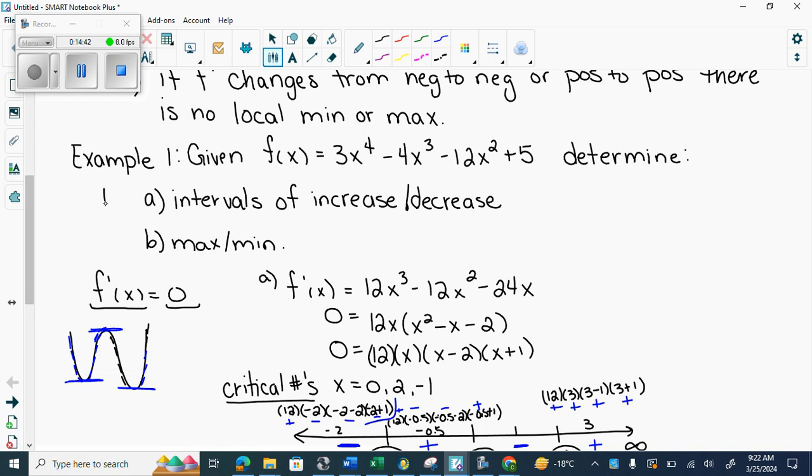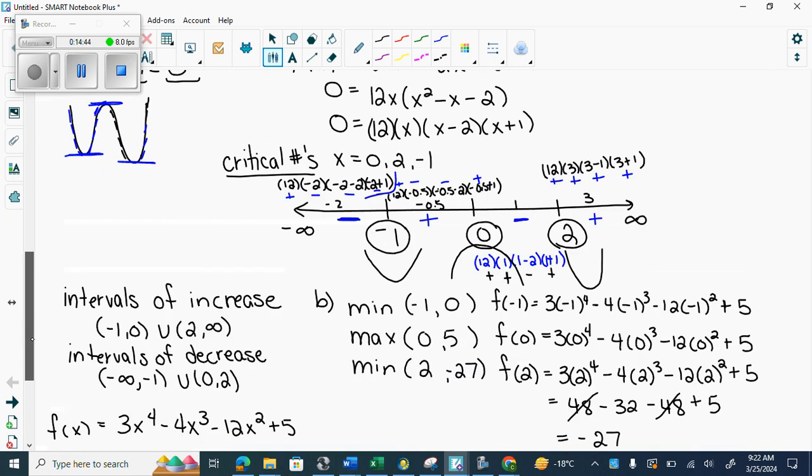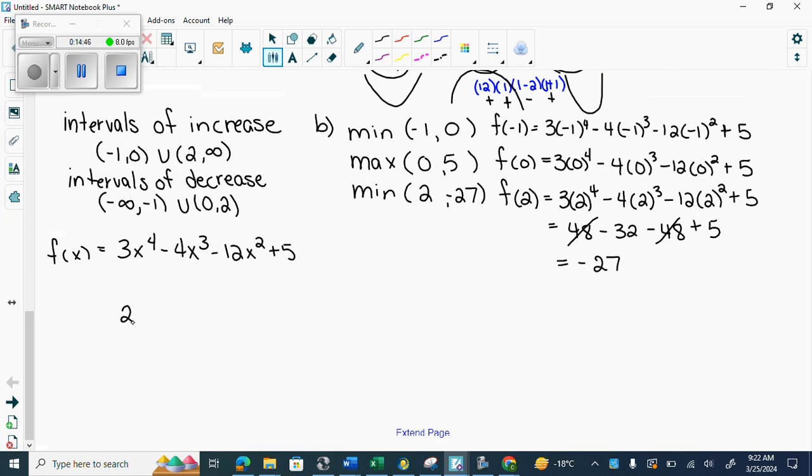So this example 1, this was number 1. Number 2 is going to be mathematical. Okay, f of x equals x square root of 6 minus x.